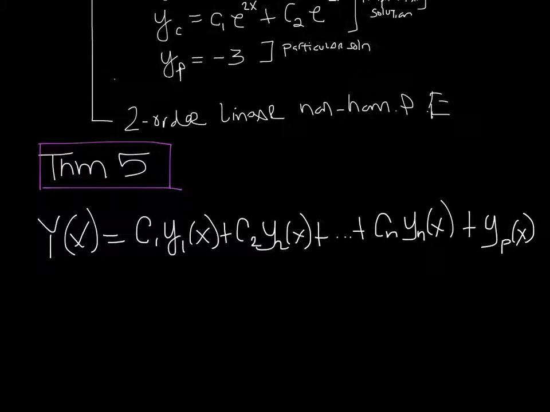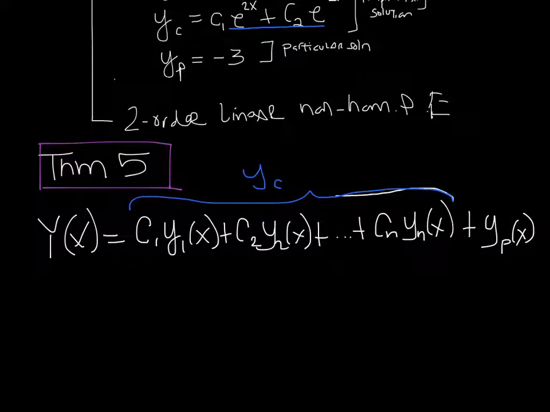So this guy, that's my y sub c. That's really right here, and this is again what we've been finding, our general solution. I just didn't call it y sub c yet, but we already know how to find the blue part.